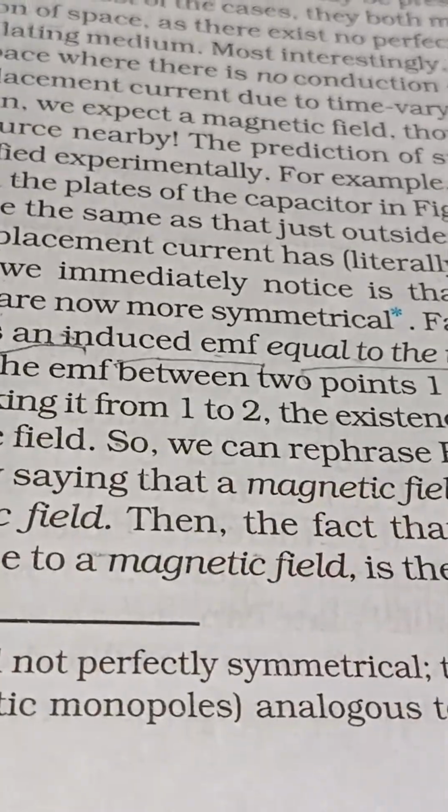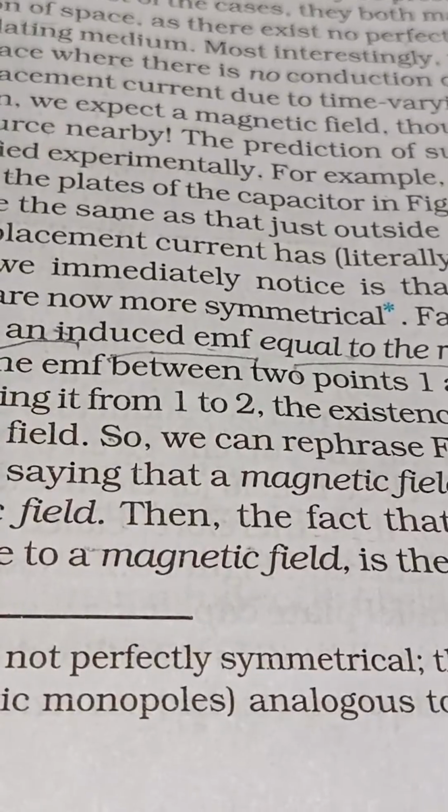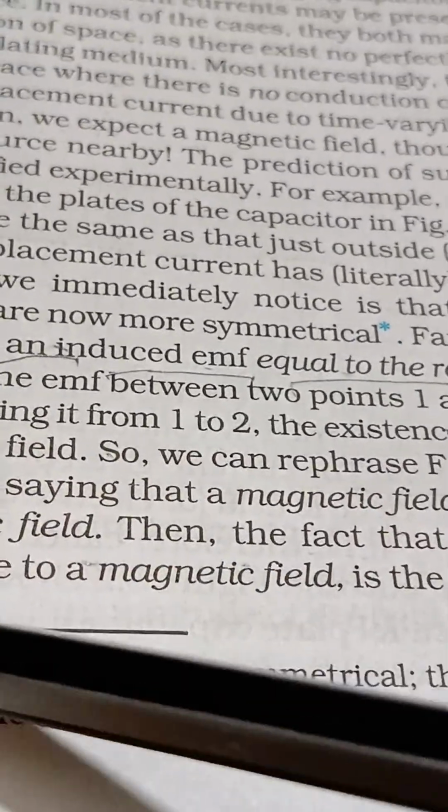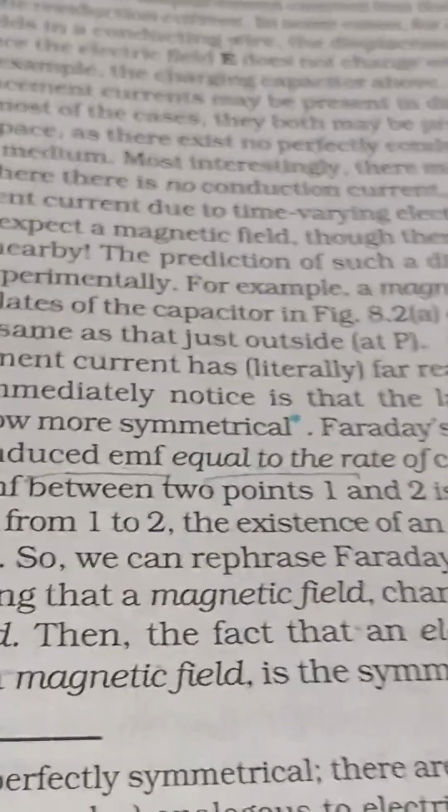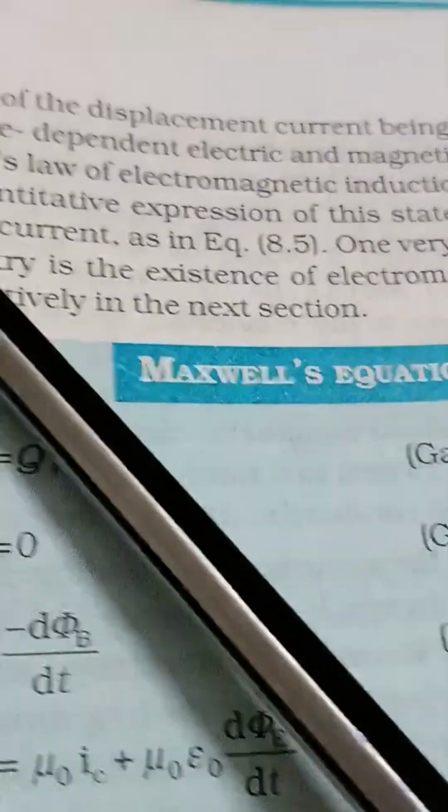Then the fact that an electric field changing with time gives rise to a magnetic field is the symmetrical counterpart. That is a consequence of the displacement current being a source of magnetic field.